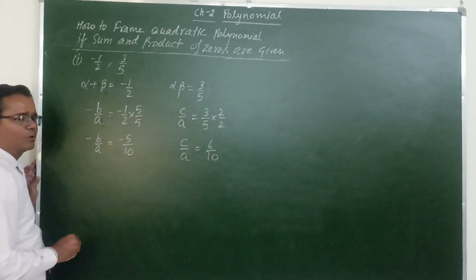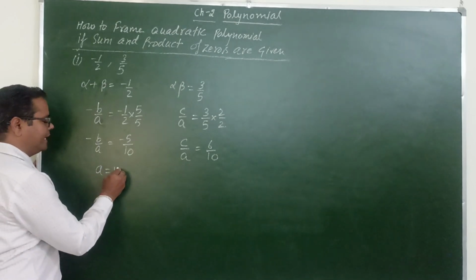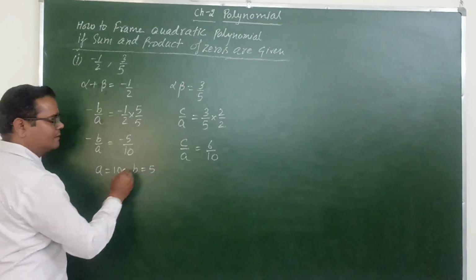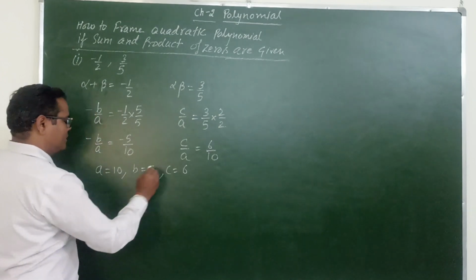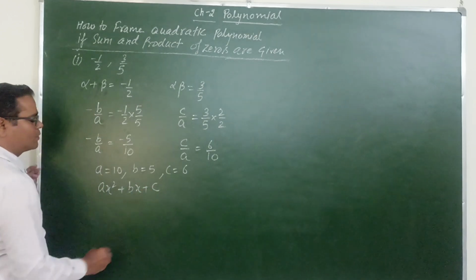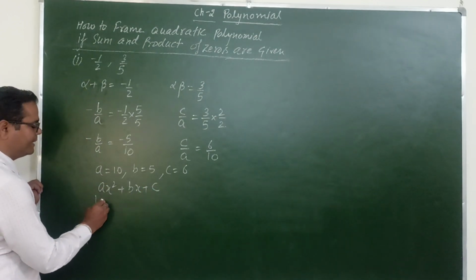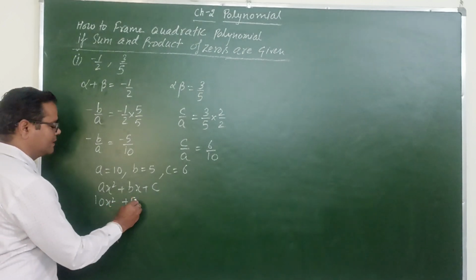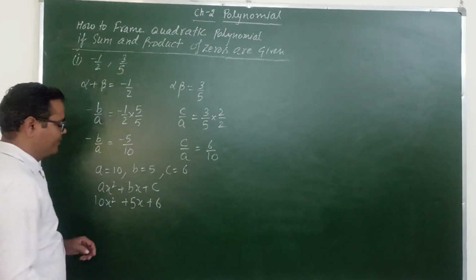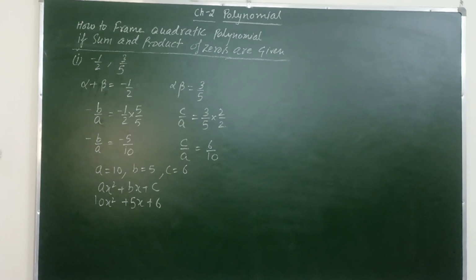Now that a is the same, on comparing, the value of a is 10, because minus b is minus 5, so the value of b will be positive 5, and the value of c will be 6. So ax square plus bx plus c is the quadratic polynomial standard form. In place of a, 10x square, in place of b, 5x, and in place of c, 6. So 10x square plus 5x plus 6, this is the quadratic polynomial whose sum of zeros is minus 1 by 2 and product of zeros is 3 by 5.